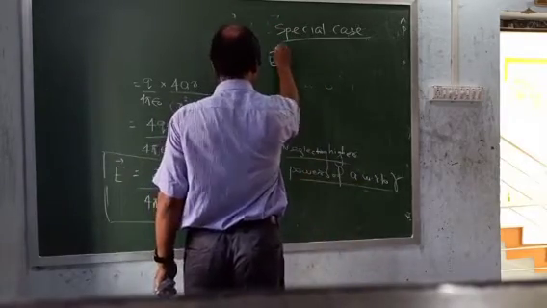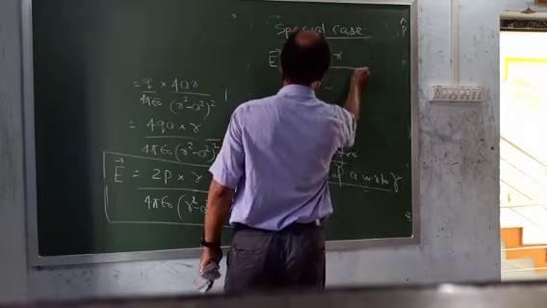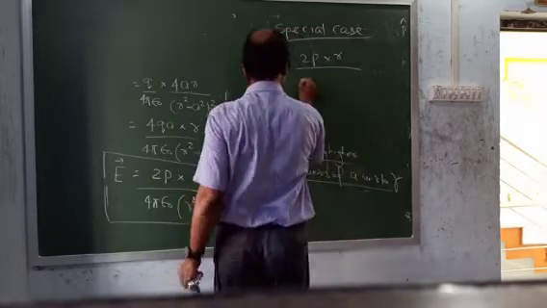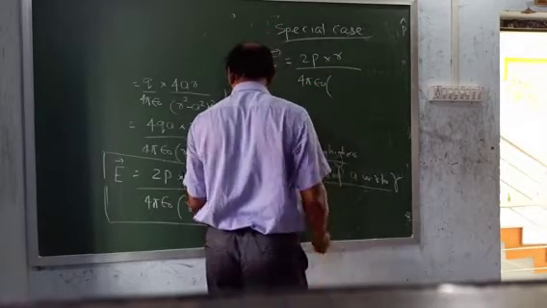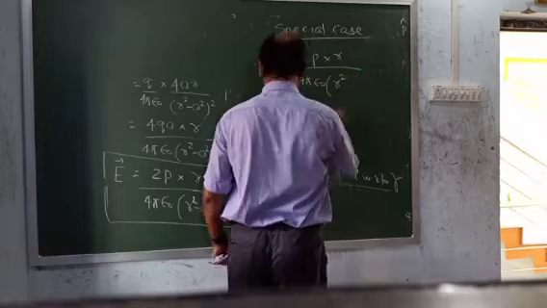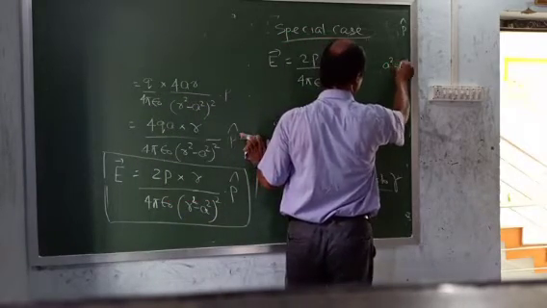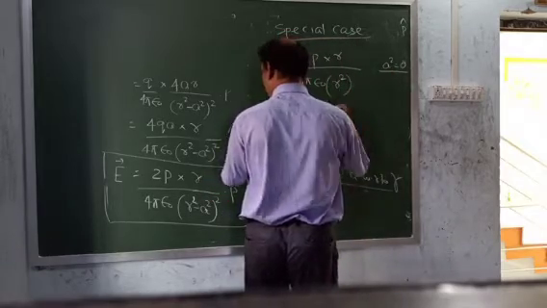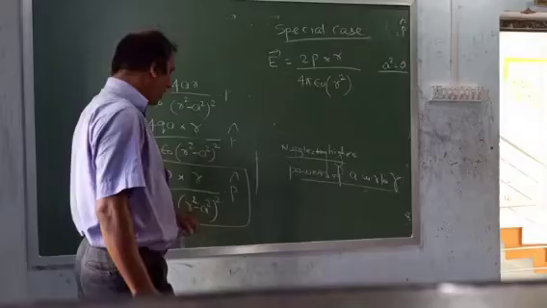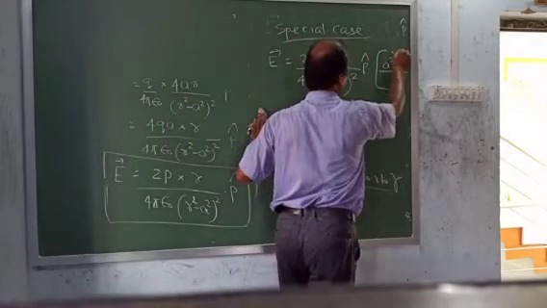So E will be 2P into R divided by 4 pi epsilon naught into (R square minus S square) whole square. So R square will remain, and A square will be 0, since higher powers of A, meaning A square, we can consider approximately 0. So it is R square whole square, into P cap, since A square is 0.